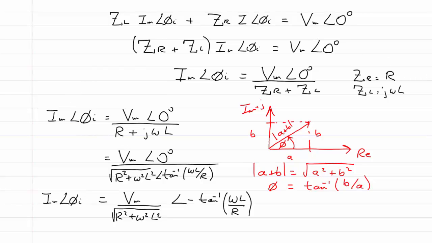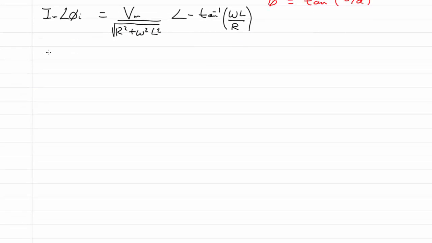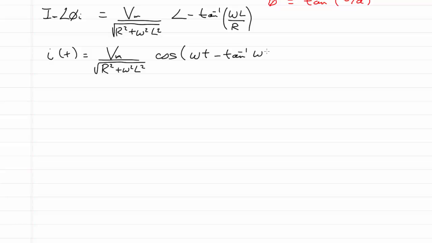To transform this back to the time domain, we simply add back in the cosine term, and we can now write that I of t will be equal to the amplitude, which is now Vm divided by the square root of R squared plus omega squared L squared, times the cosine of omega t minus the angle, which is the inverse tan of omega L over R. You'll probably recall that this is the same answer we had earlier, but now it was a much simpler procedure.